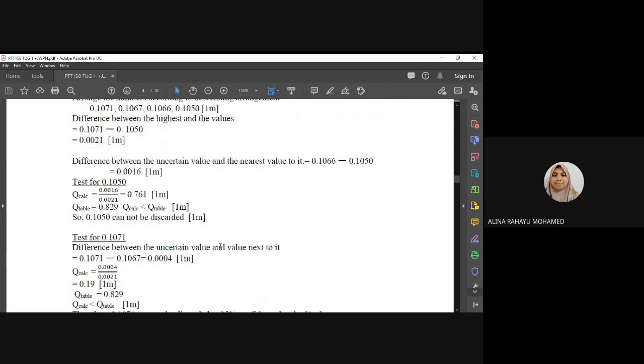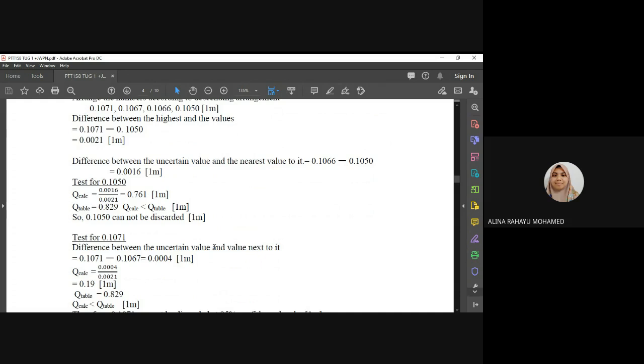Q calculated is 0.0016 over 0.0021, so it's 0.761. For Q table, we can look at the table and we get 0.829. You need to learn also how to read the table. Since Q calculated 0.761 is lower than Q table, which is 0.829, 0.1050 cannot be discarded.